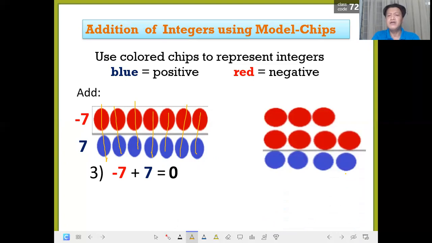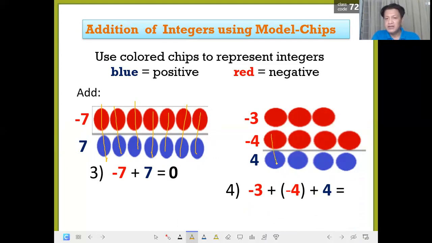Okay. Another, if I have 3 red chips, or that is negative 3, another we have negative 4 kasi ito ay 4 red chips and that is 4 blue chips or positive 4. And then, i-represent natin yon using the addition operation, -3 plus -4 plus 4. Okay, so titignan natin kung meron ba tayong mga partner.